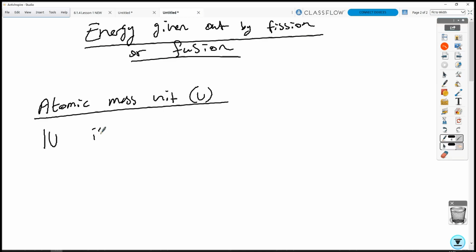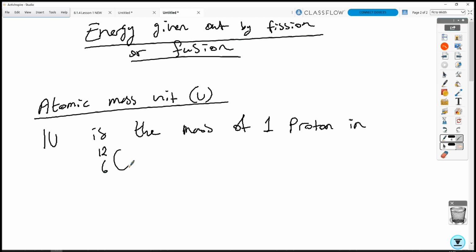So 1 U is the mass of one proton in carbon-12, which is 12, 6, C. Normally, you should know that the mass of a proton is 1.67 times 10 to the minus 27 kilograms. But in carbon-12, it's slightly less. It's 1.66 times 10 to the minus 27 kilograms.